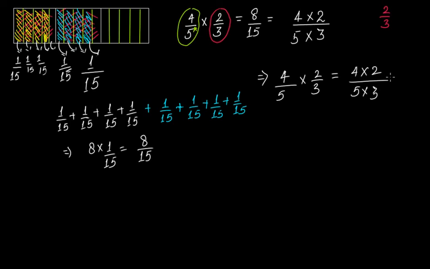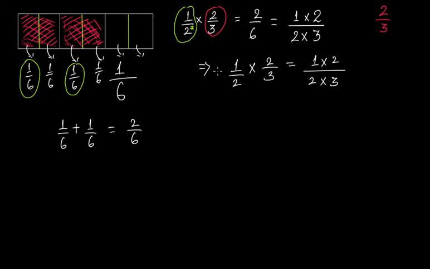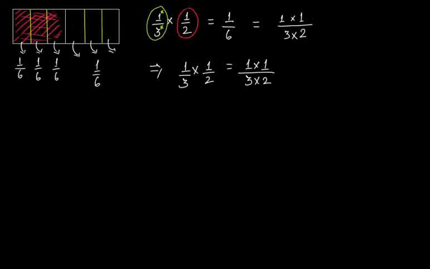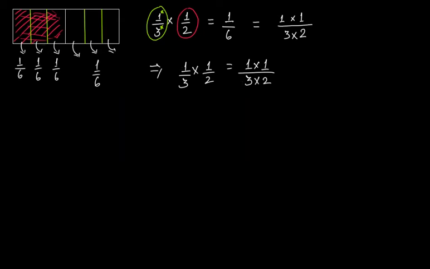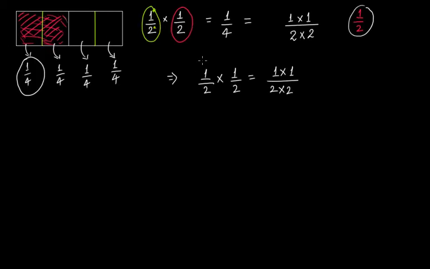What does it mean? It means that if you look from this one, from this one, from this one, and from this one, in each of these cases you have to multiply numerators together and the denominators together.